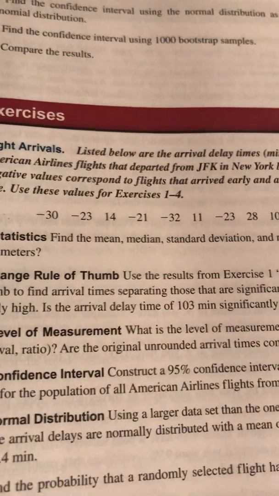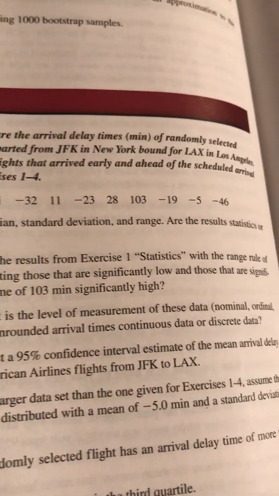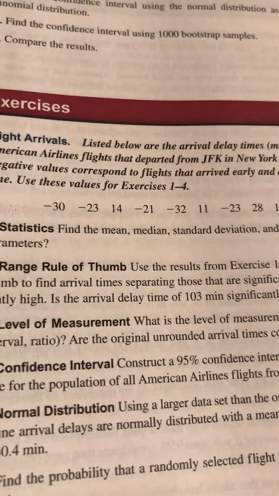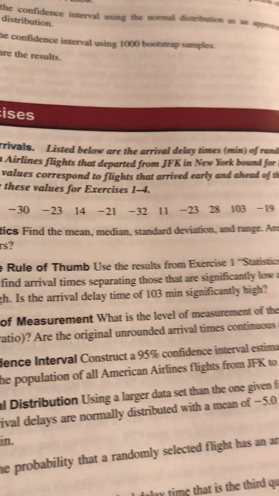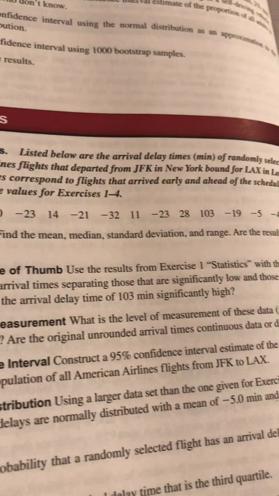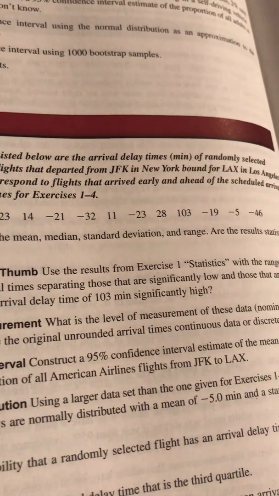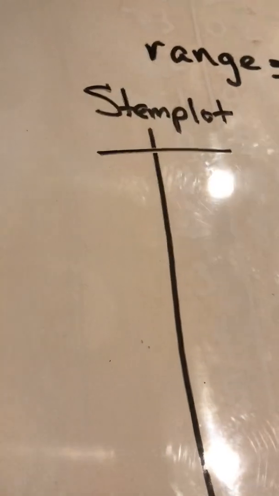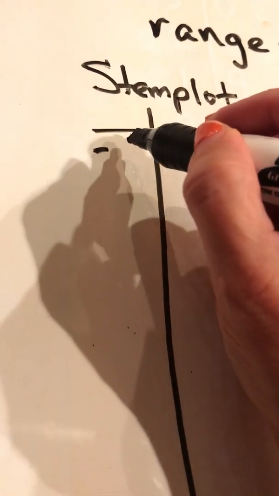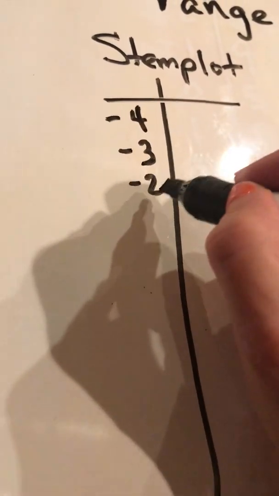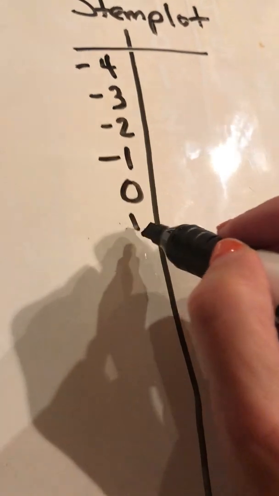Looking at the values, the ones digit is going to be the leaf, and the tens and hundreds digits will be part of my stem. The smallest value, like we said, was a negative 46. The largest was 103. So on my stem plot, I've got to start at negative 4, negative 3, negative 2, all the way.